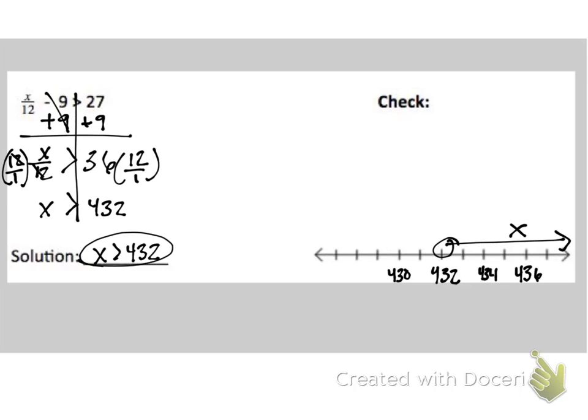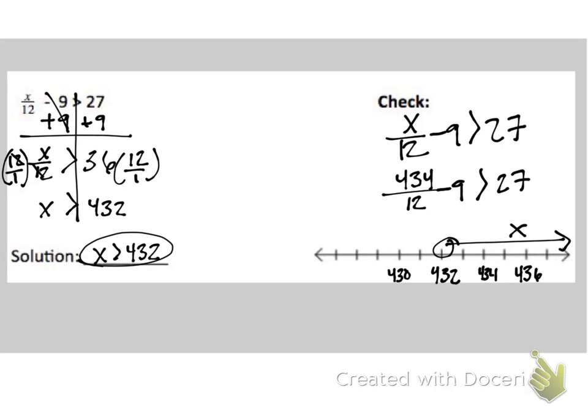Check. In order to check, we must first rewrite x over 12 minus 9 is greater than 27. Substitute, let's put in 434. 434 over 12 minus 9 is greater than 27. 434 divided by 12 is going to give me, I'm going to round, 36.17.